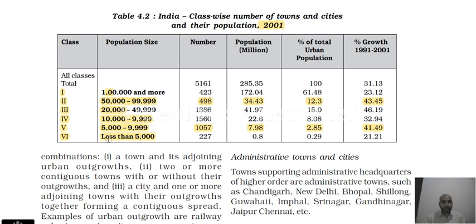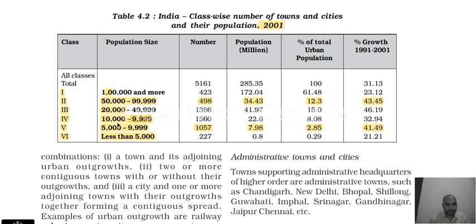So class 6 town means population is less than 5,000. Class 5 means population is between 5,000 to 9,999, so one less than 10,000. Then class 4, here is one mistake, it is between 10,000 to 19,999.